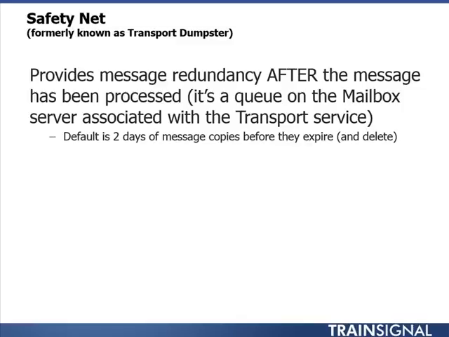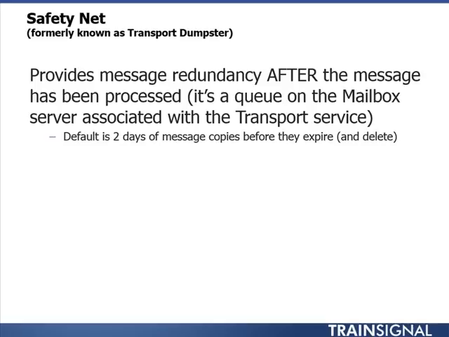When a user sends a message in Exchange 2013, the mailbox transport service on a mailbox server submits it to the transport service on the local server for processing. Safety Net is the queue that stores copies of messages that were successfully processed by the server.